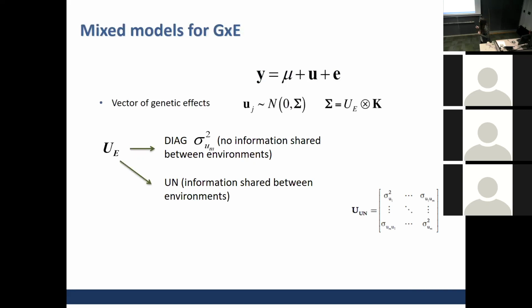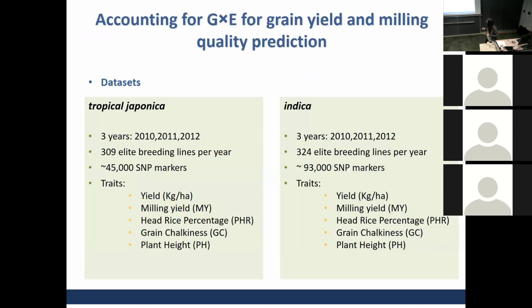So in this way, it's the same as treating environments as independent, and we're not sharing information between environments. Then the unstructured covariance matrix, like the diagonal matrix, fits one single variance per environment, but it also fits a covariance between pairs of environments. So we try to compare our prediction accuracies with these two methods.